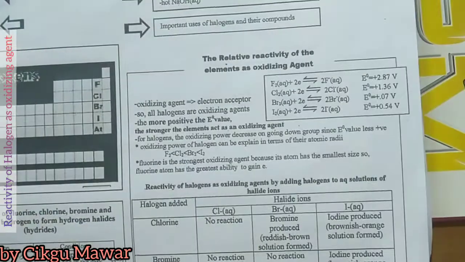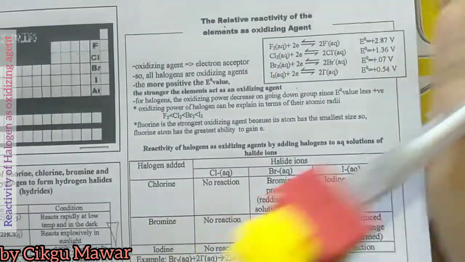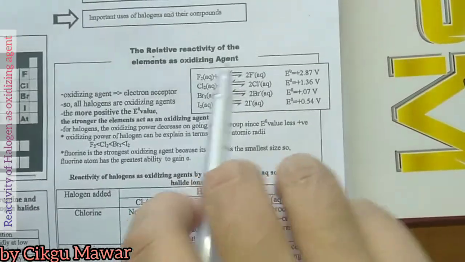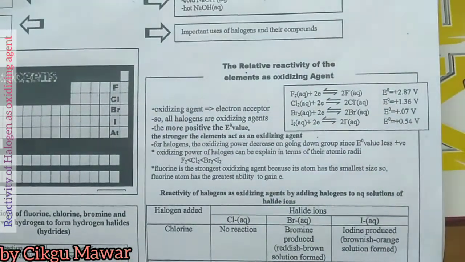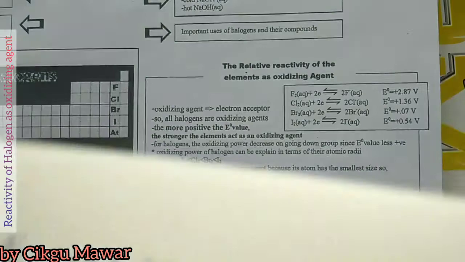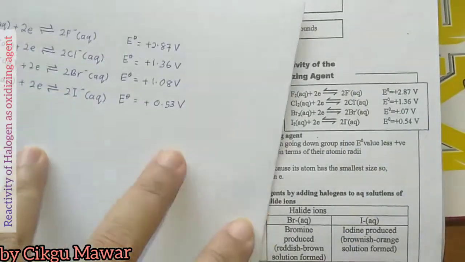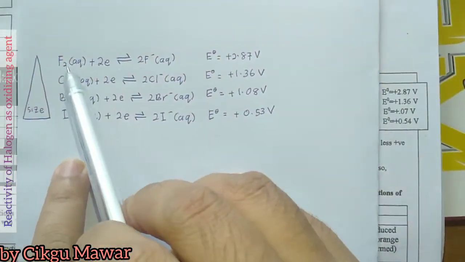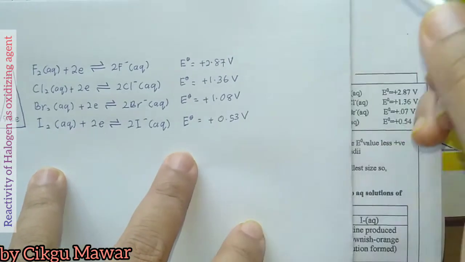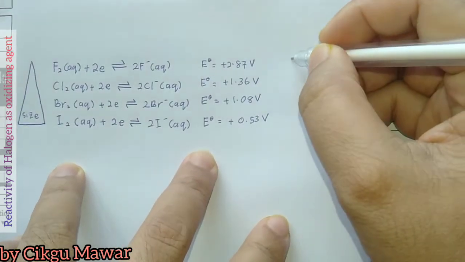So refer to our chem book back. From the value given, you can see that fluorine is the most positive.